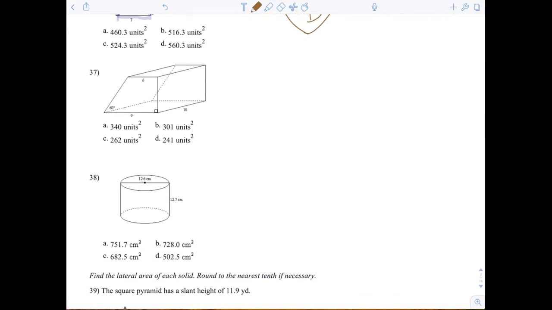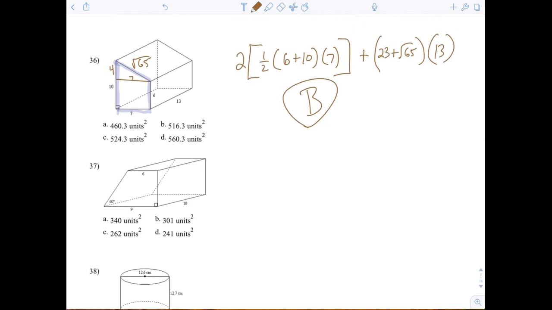37. What's the answer? I thought we said B. Is that correct or not? Type it in. I'm not sure what you're having trouble with. 6 plus 10. 16, 8, 56. 56 times 2.